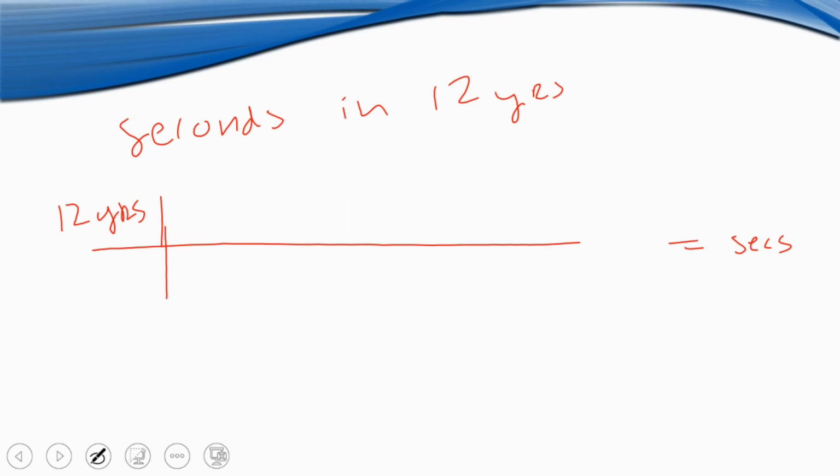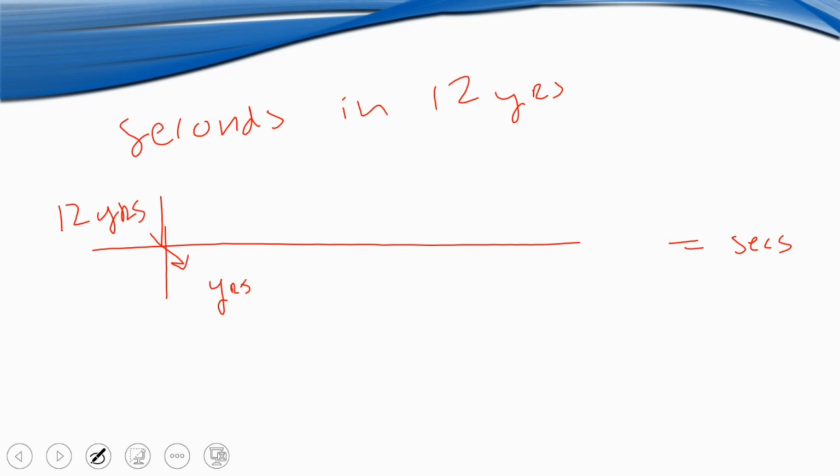Think about this. We are starting with years, we're trying to get to seconds. That means that at some point, I must get rid of the unit year, because year is not the unit of time that I'm looking for. So the way we do it here in dimensional analysis is we divide it by itself. You might remember from algebra class that if you divide a unit by itself, essentially that's canceling it, because its answer would be 1.